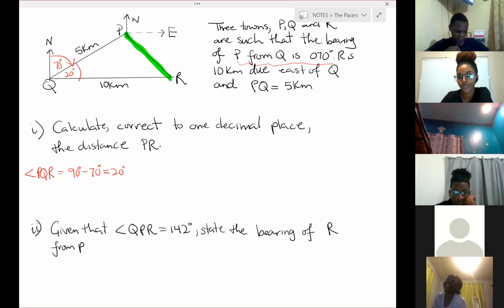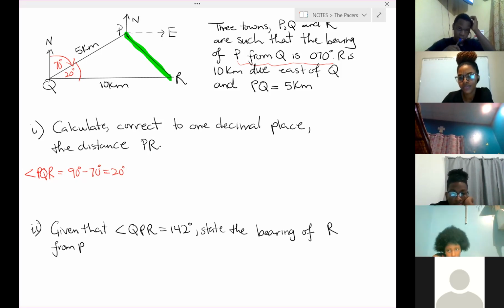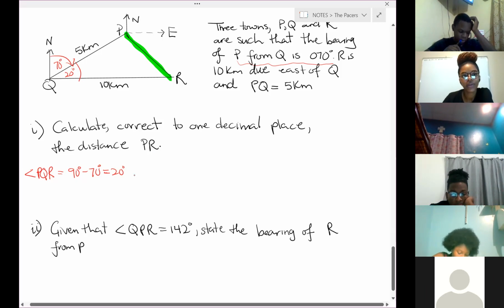Matthew. Leah, actually. Leah, are you back? Yeah, miss. All right, what would I do with this question? Now I'm trying to find the distance PR, which is the green highlighted line.